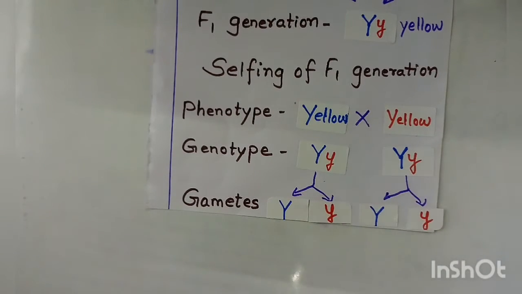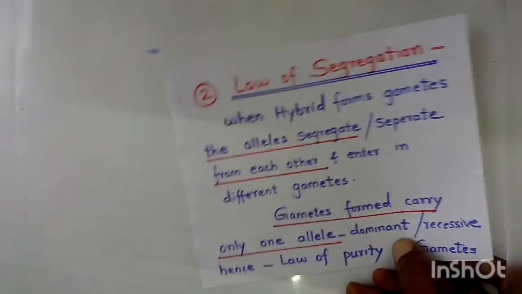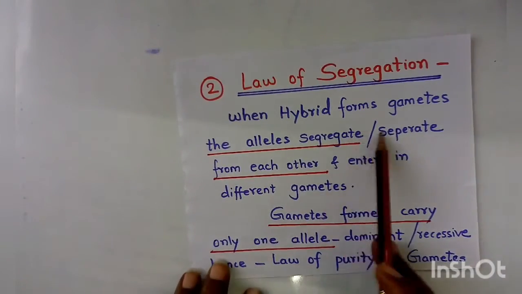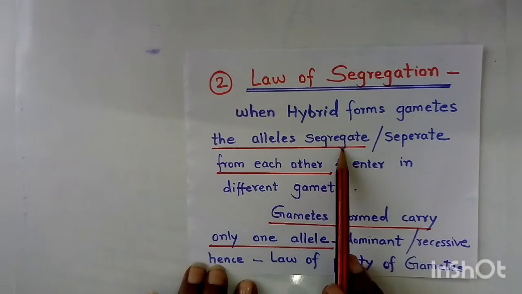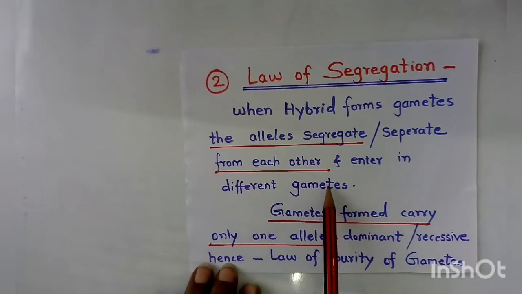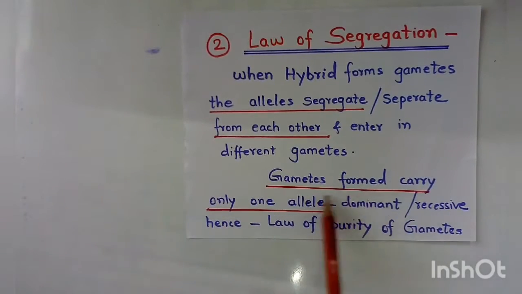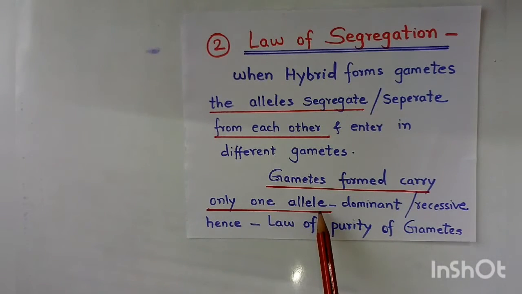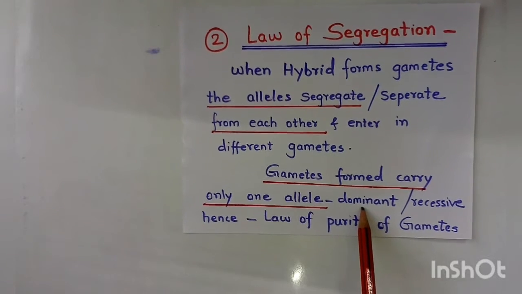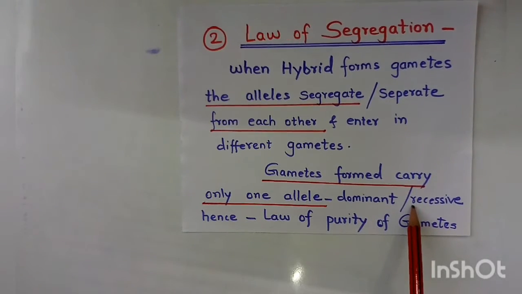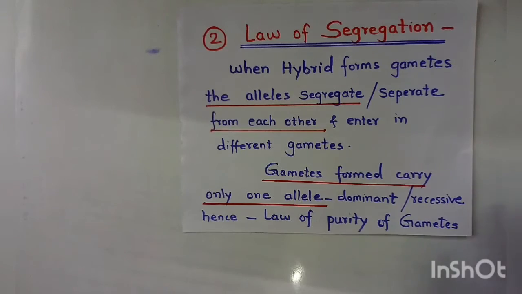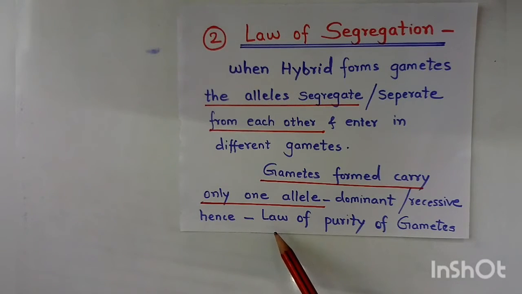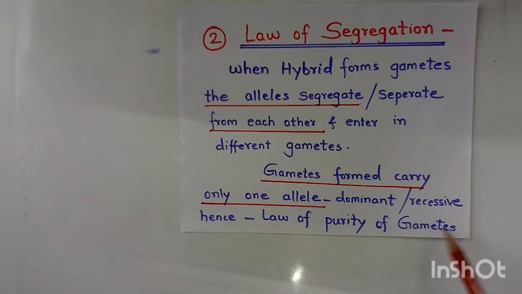The second law states that when hybrids form gametes, the alleles segregate from each other and enter different gametes. The gametes that are formed carry only one allele, that is, either the allele will be dominant or it will be recessive, and since they express purely, the law is also called the law of purity of gametes. So this is about the first two laws.